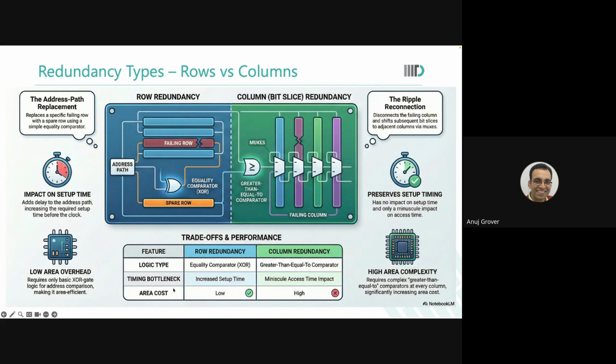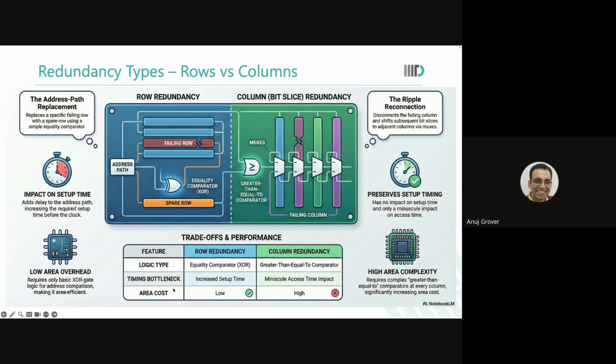Is it because every column requires it? Yes. In row repair, there is only one comparator, and that comparator is an equal-to comparator, greater-than comparator, whatever. It is just one comparator that we need. You compare the address of the failing row. If it matches the stored address, you say, okay, instead of going there, go there.